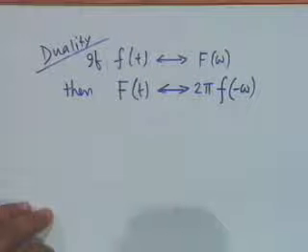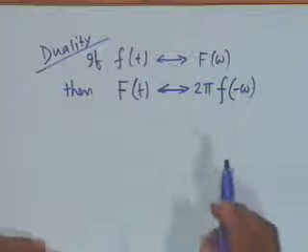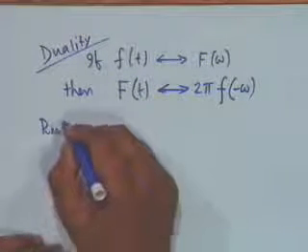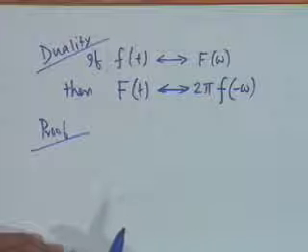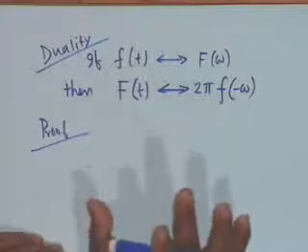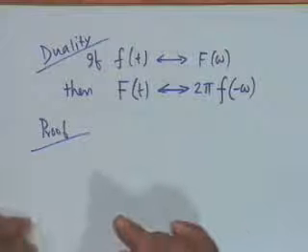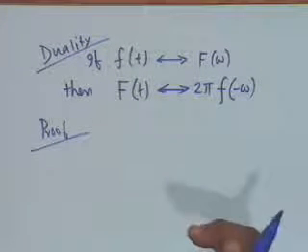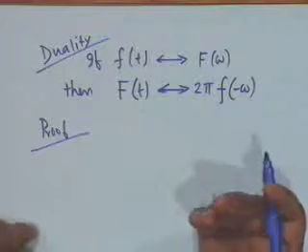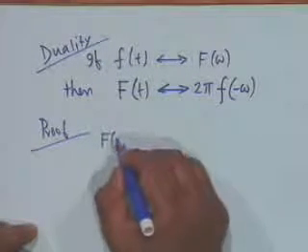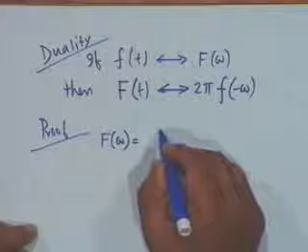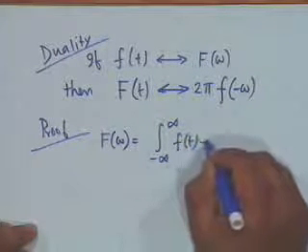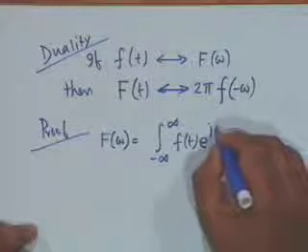And to prove this, let's consider the definition of F of omega. The proof is instructive, but slightly innovative, in the sense that we use simple facts, but we use a change of variable. Let us recall that F of omega is equal to the integral from minus infinity to infinity of small f of t e to the power minus j omega t dt.